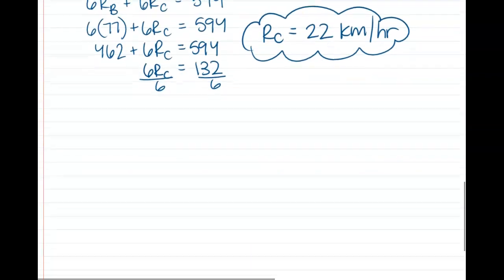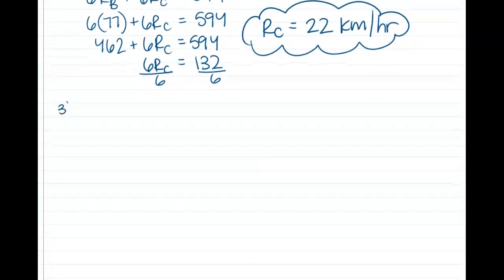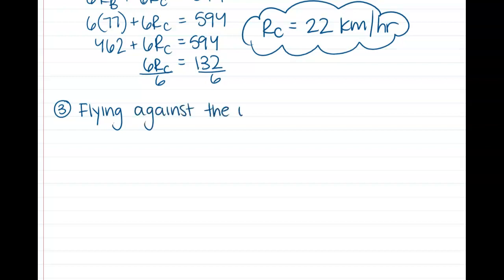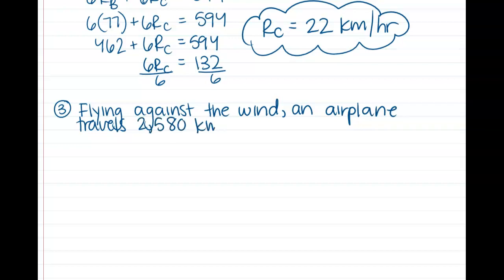Our final example is similar to number 3, but now we're talking about an airplane. So flying against the wind, an airplane travels 2,580 kilometers in 3 hours.